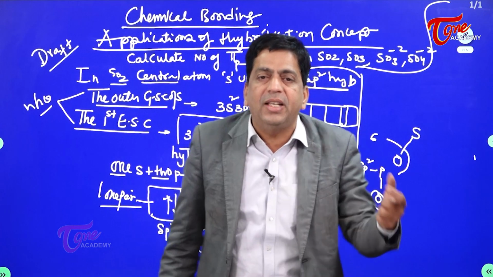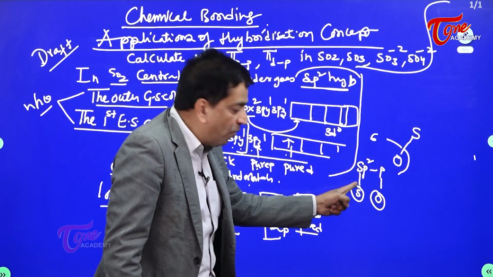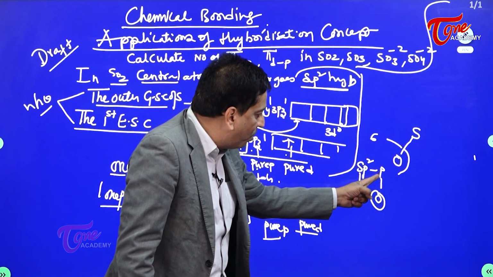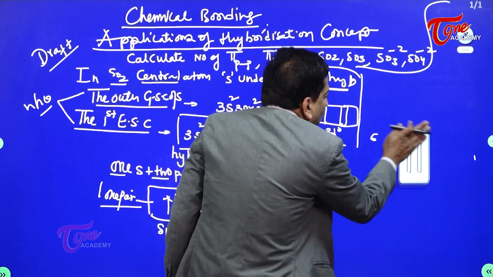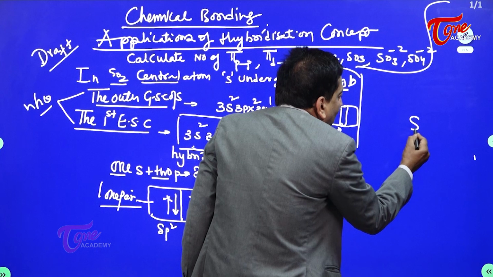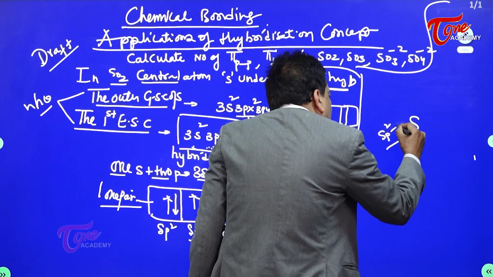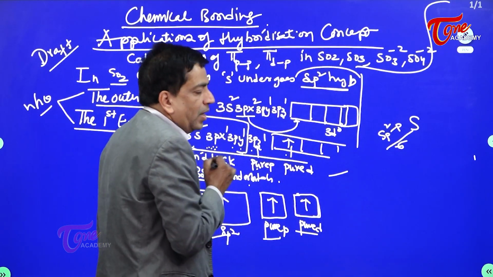One of the unpaired is paired with what? The sp2 of sulfur, and the other one, of course, with the p of oxygen. So what is this overlap basically? Why is this sigma bond formed? It is a result of sp2-p, and it is a head-on overlap, that is sigma.